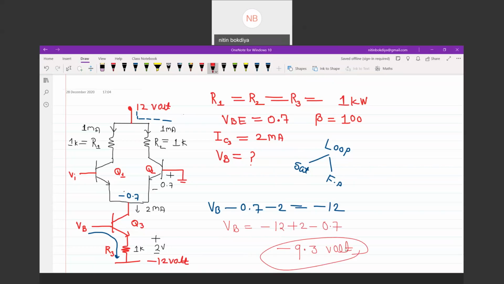Approximately 9.3 volt is the correct answer for the circuit. So this is the idea how we can approach, how we can have the value of VB.